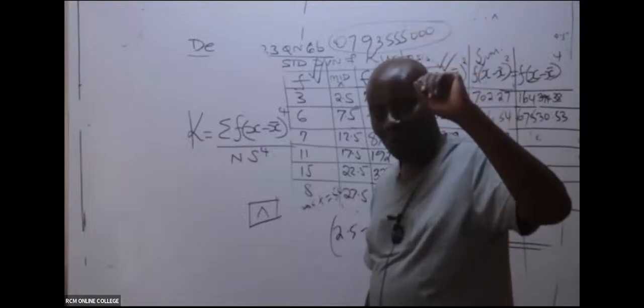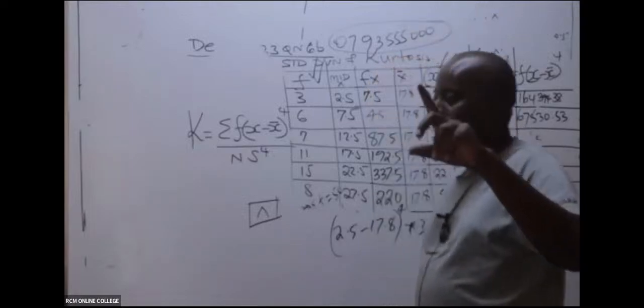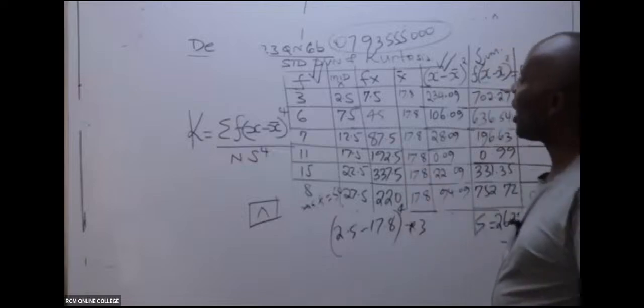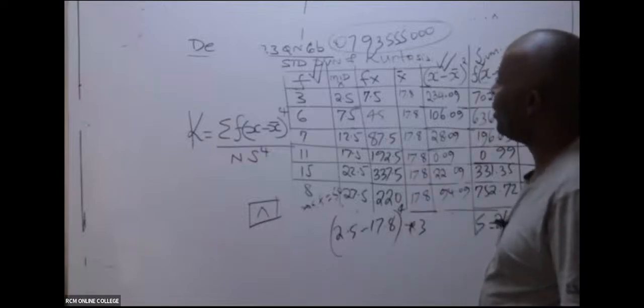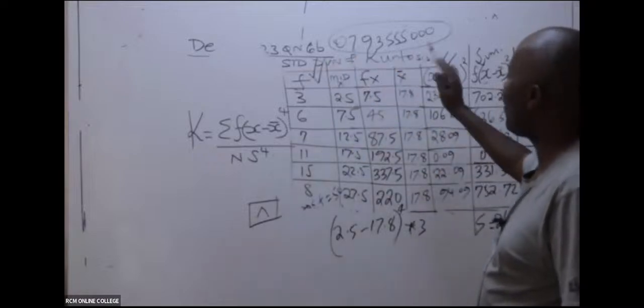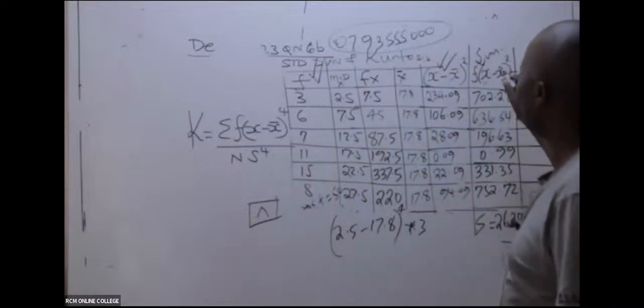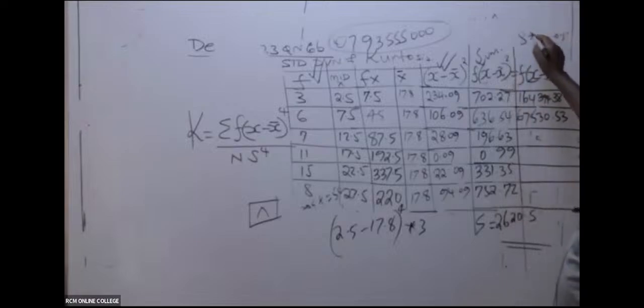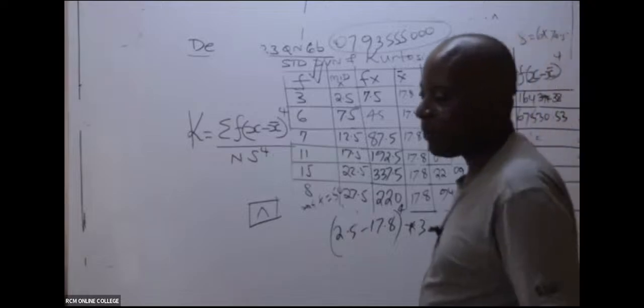Don't use that long method. Actually, if I were you, I can even come and rewrite this table. I've rubbed a few things like column 1, column 2, column 3, column 4, column 5, column 6, column 7. And then to get column 8, I'm taking column 6 times column 7. Also work like that. Marango has confirmed that.